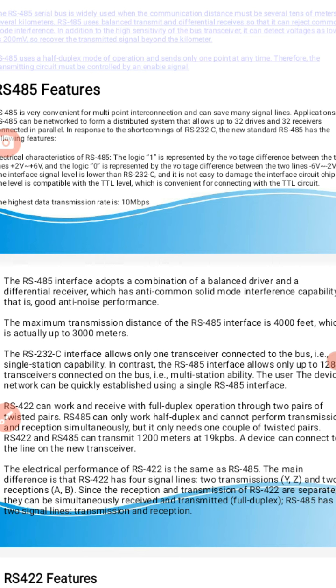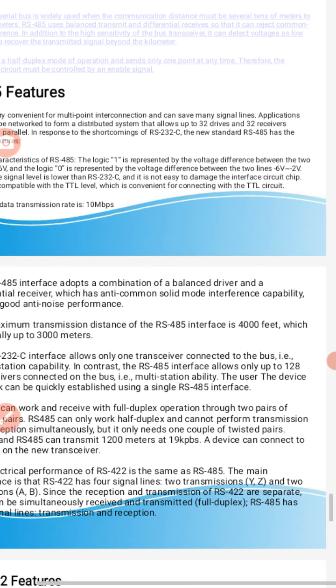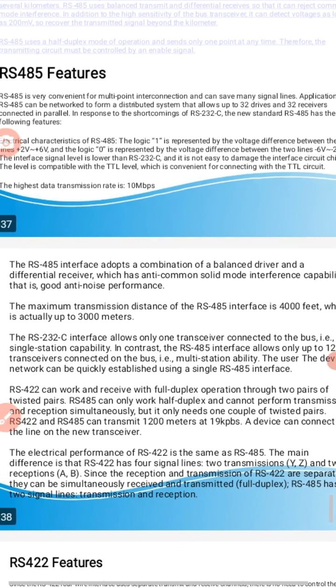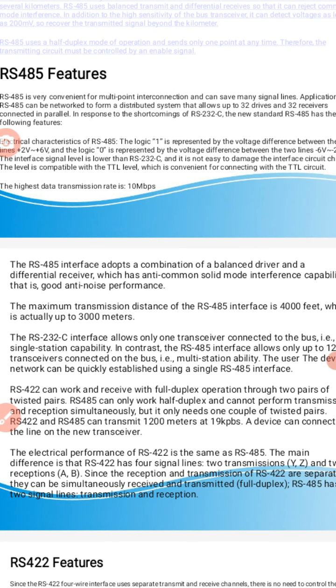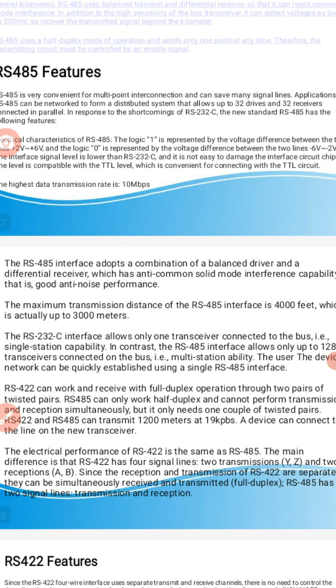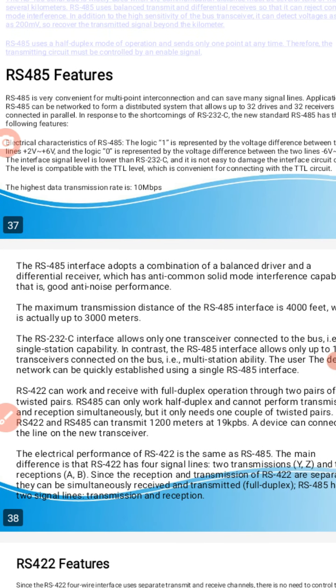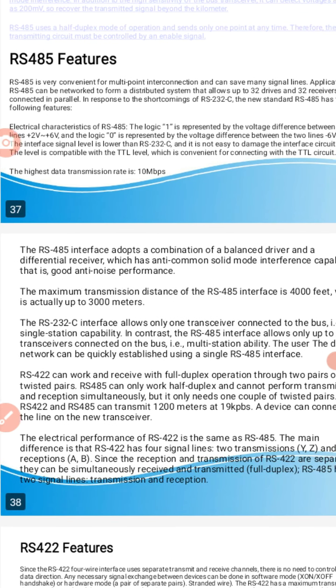The RS232C interface allows only one transceiver connected to the bus, that is single station capability. In contrast, the RS485 interface allows up to 128 transceivers connected on the bus, that is multi-station capability. The device network can be built quickly using a single RS485 interface.